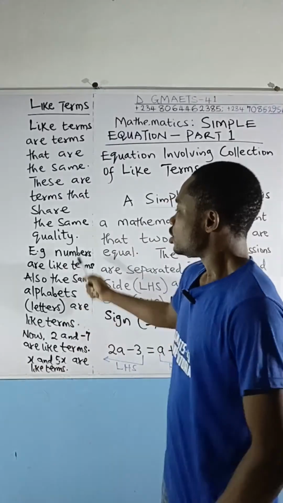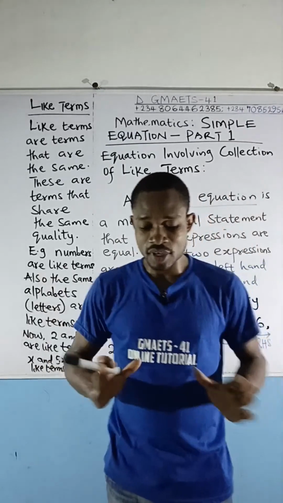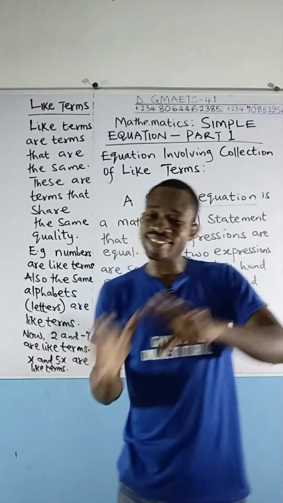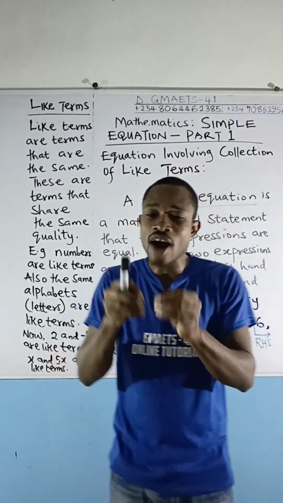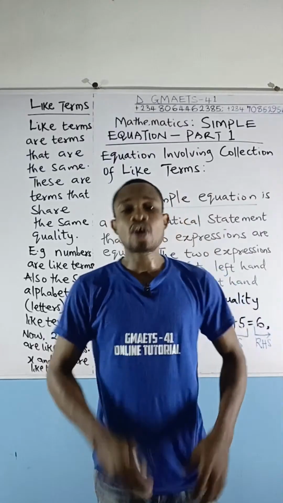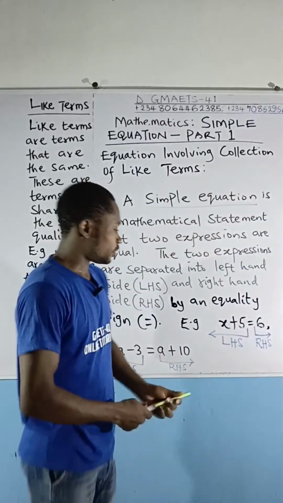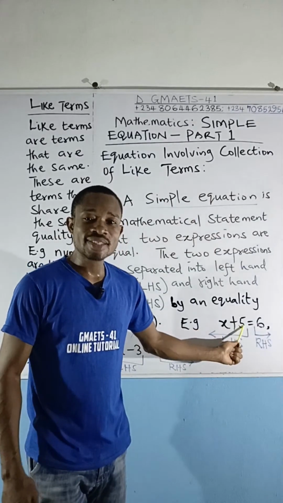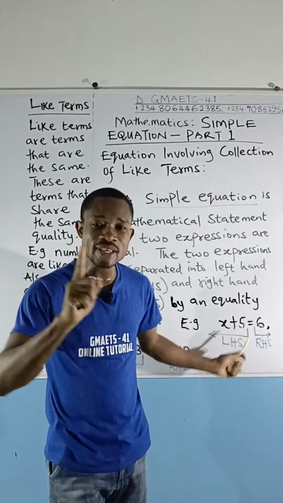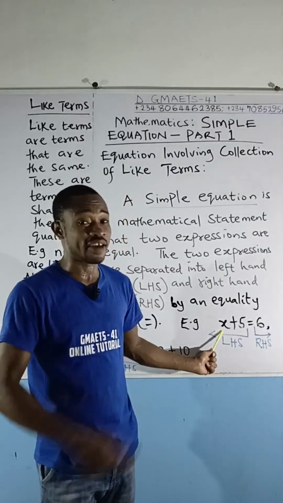For example, numbers are like terms. Pure numbers. If I give you numbers and there is no alphabet attached to it, no alphabet multiplying that number, I call that type of number a pure number. I'll give you an example. Look at this 5. Is there any alphabet multiplying it here? No. Please don't confuse the fact that you have X on the left-hand side.